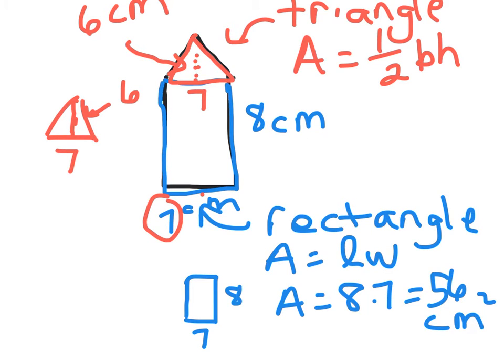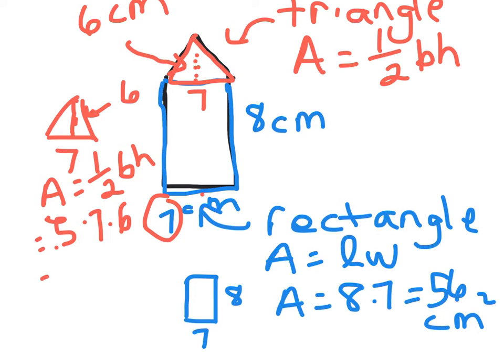Now we have all the information we need to put into the formula for the area of a triangle, 1/2 times base times height. So I'm going to change the 1/2 to 0.5 times the base, or the bottom of the triangle, which is 7, and the height is 6. When I multiply those out, I get 21 centimeters squared. Now let's look at both of these pieces.